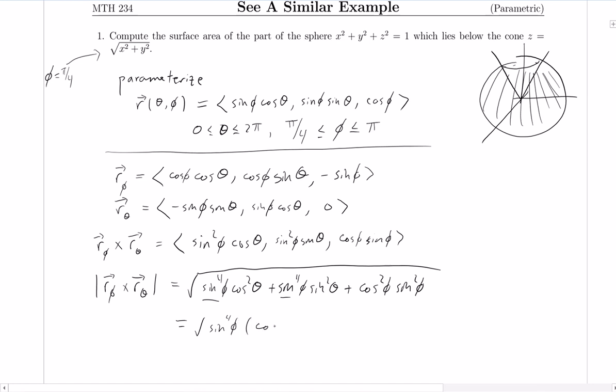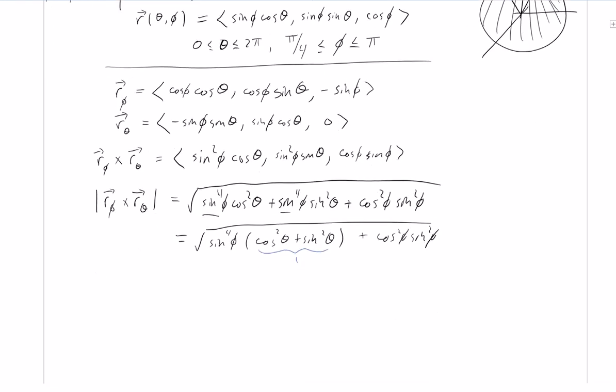What's left is cosine squared theta plus sine squared theta, which we all know is just equal to 1. So that makes things simple. And we can simplify yet again. We have a sine squared phi here and here, which we can factor out.